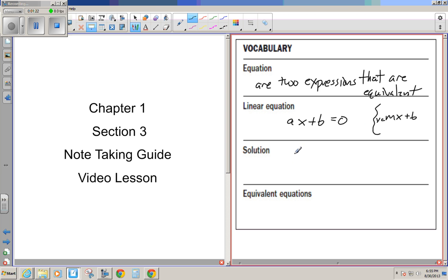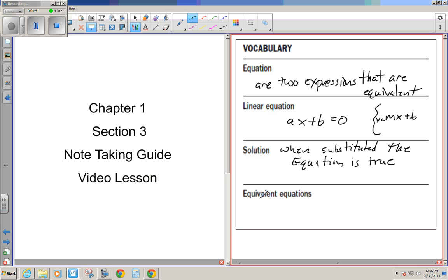A solution of an equation in one variable is a number that, when substituted for the variable, results in a true statement. So basically, a solution, you can say, when substituted, the statement or the equation is true.